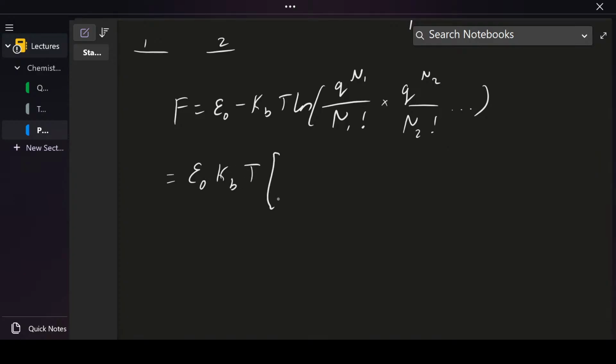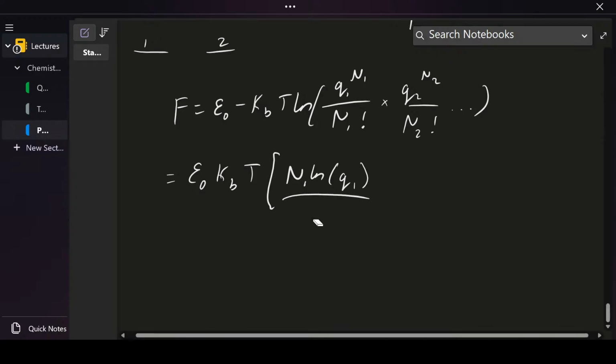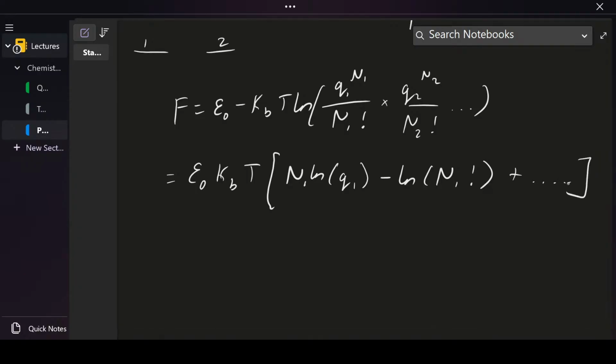And so what I'm going to end up getting is n1 ln q1 divided by n1 factorial, which we can further bring out as a subtracted ln n1 factorial, plus a bunch of stuff about n2, n3, and so on.